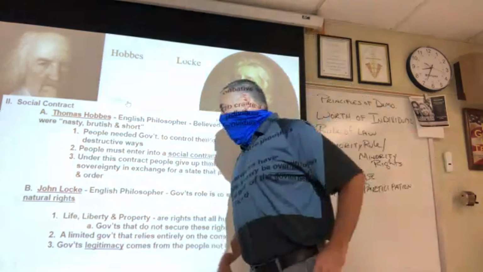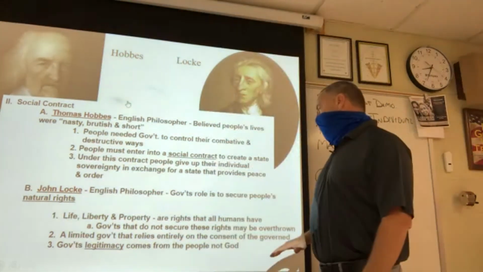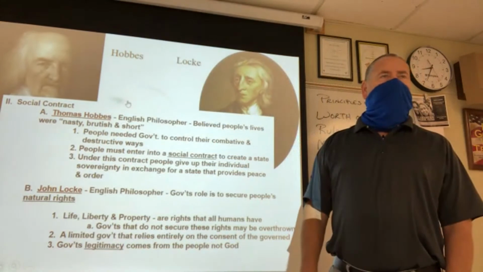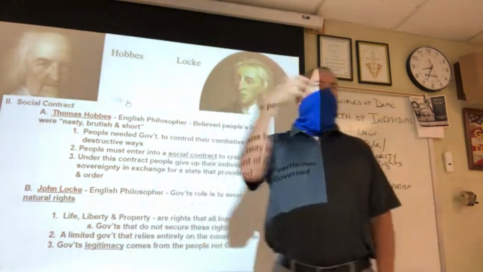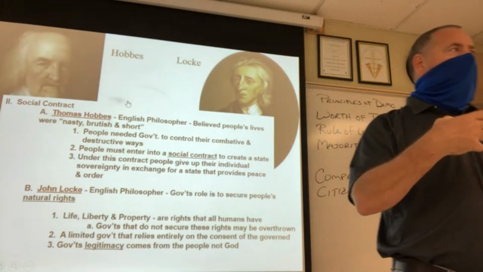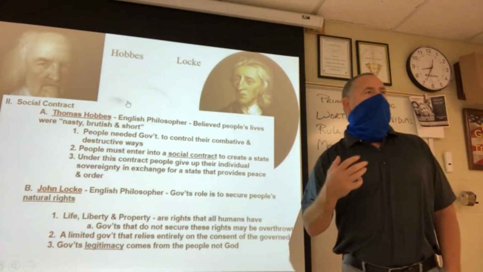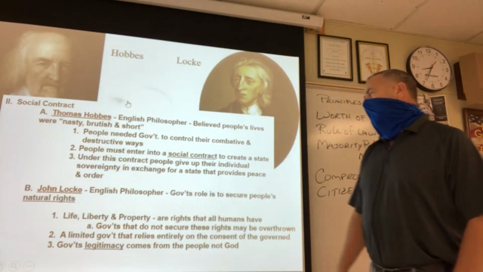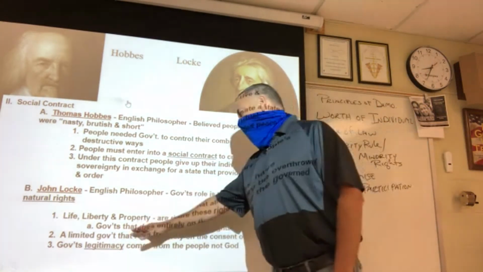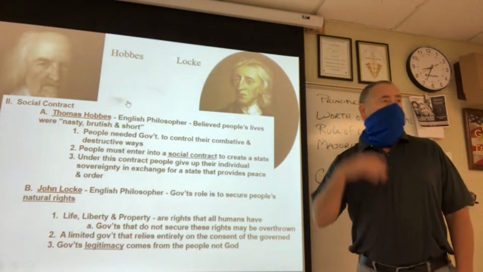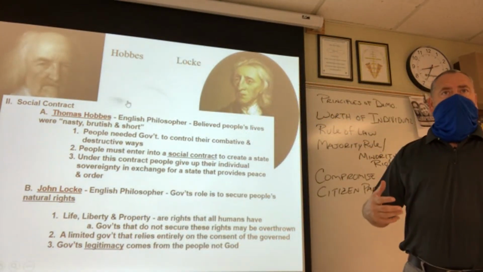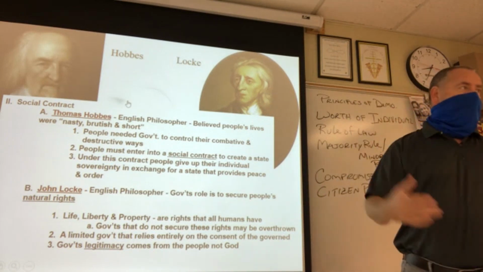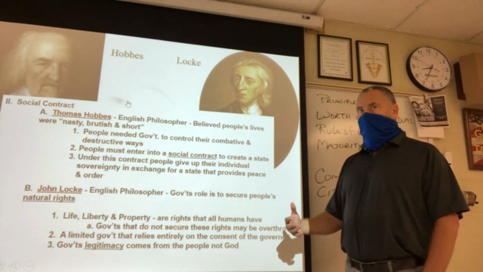So with this key word here, natural rights, John Locke believes that we're born with God-given rights, that every human being has the right to life, liberty, and property. He says that governments that do not secure these rights may be changed, overthrown, and you have an obligation to change your government, a new social contract.